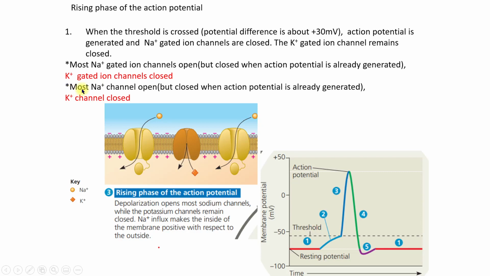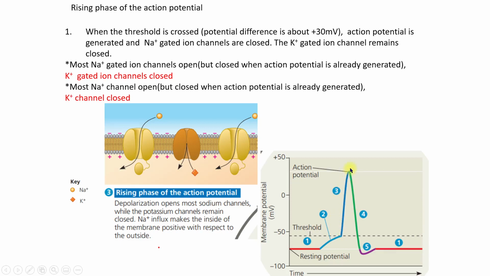Again, similar to the sodium ion gated ion channel, most sodium ion channels will open and close when the action potential is already generated. So in this region here, most of the sodium ion gated ion channels and sodium ion channels will open, allowing more influx of sodium ions into the exoplasm.